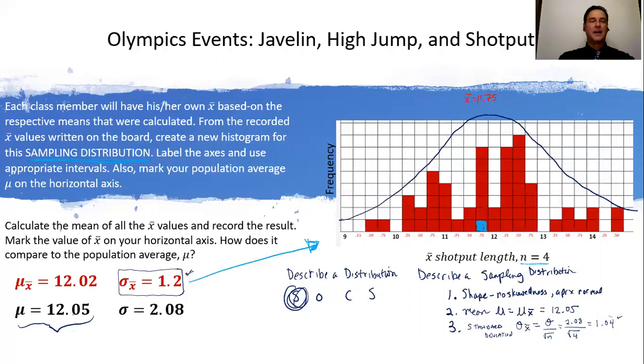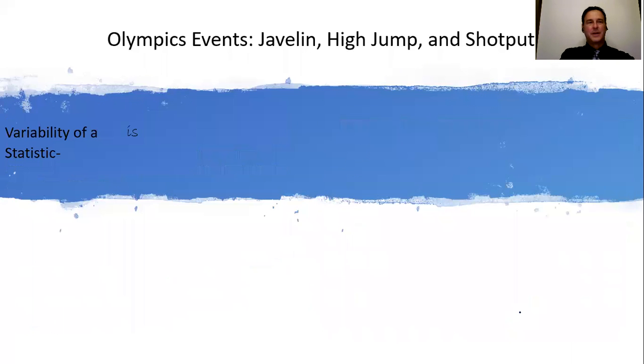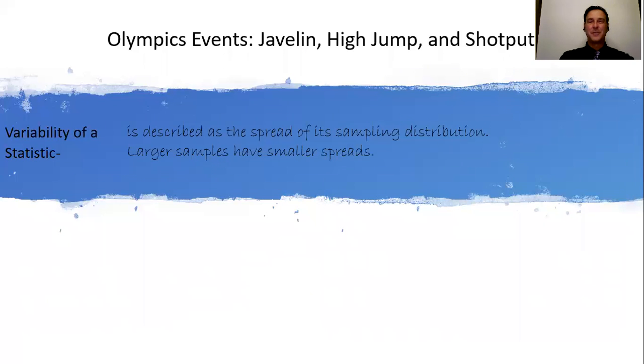Nevertheless, you'll notice that the means were pretty much the same, and when you divide by the square root of n, your standard deviations show some comparisons as well when you follow this formula. But again, variability of a statistic is just more about the spread of your data. The bigger your n, the more representative each sample is compared to the population, and it should get a little bit more narrow.